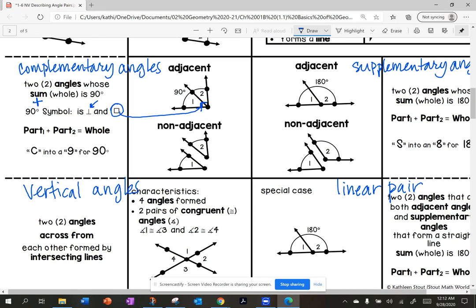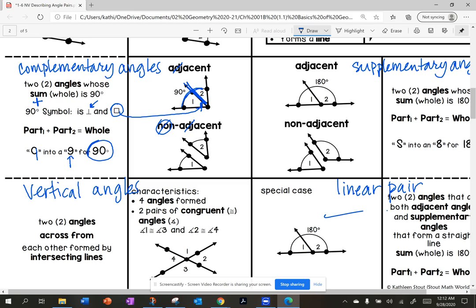So sometimes students will make the C into a 9, so it looks like a 9 to help them remember the total is 90. So complementary angles can be adjacent angles where they share a side. So angle 1 plus angle 2 totals 90 degrees. Or they can be non-adjacent and they can total 90. So they don't have to be adjacent.